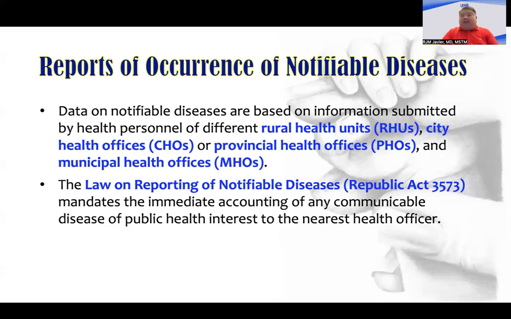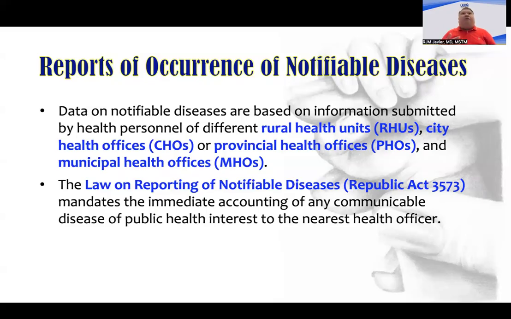Now, under Republic Act 3573, this is referred to as the Law on Reporting of Notifiable Diseases. This law mandates the immediate accounting of any communicable disease of public health interest to the nearest health officer.